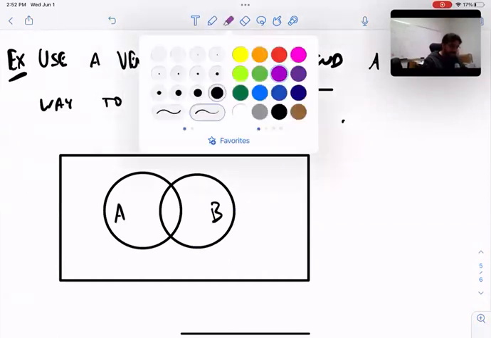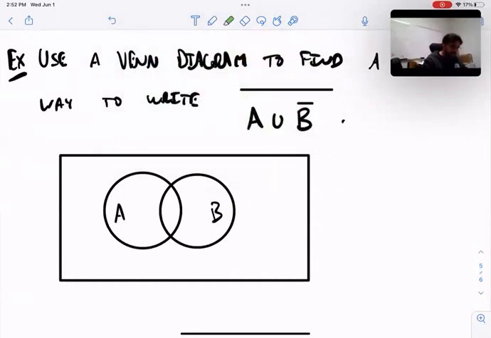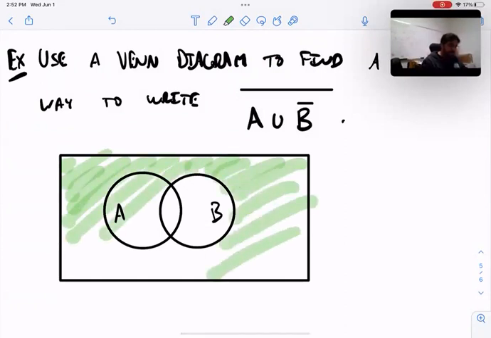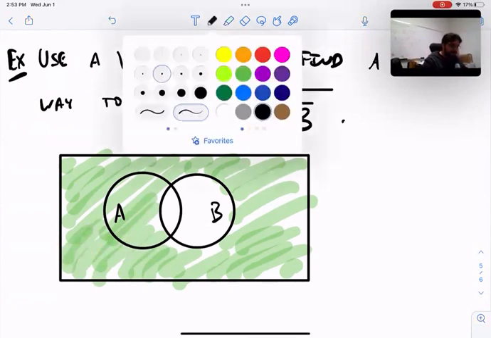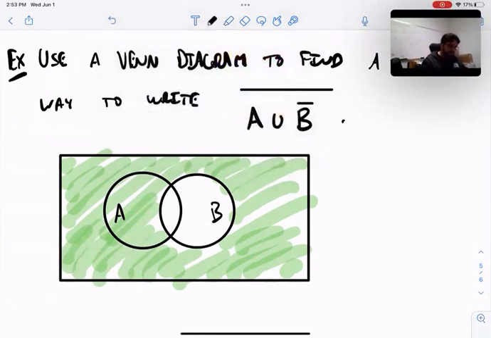Let's shade B complement. B complement is everything outside of B, and that would be B complement, shown in green. So it's everything outside of B, including the part of A that is not in B.